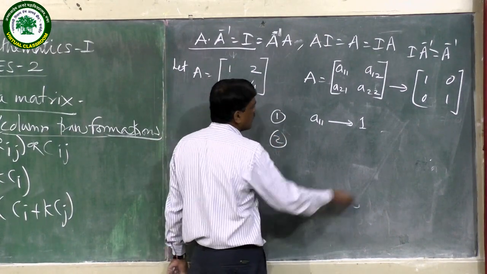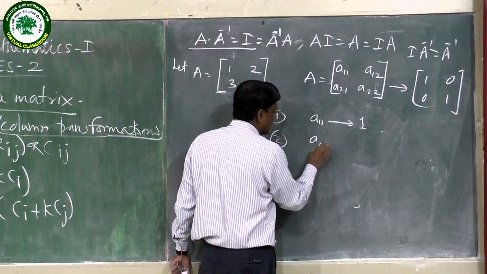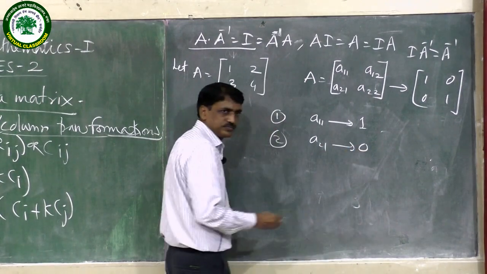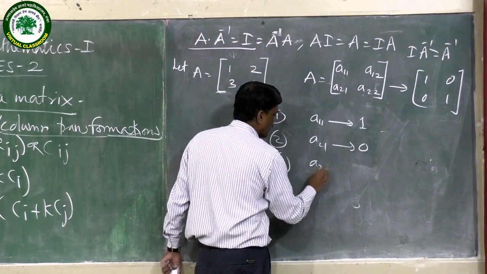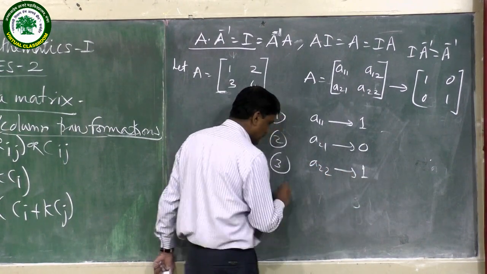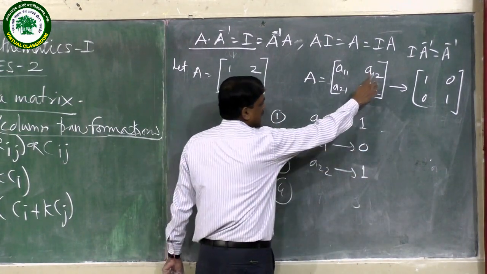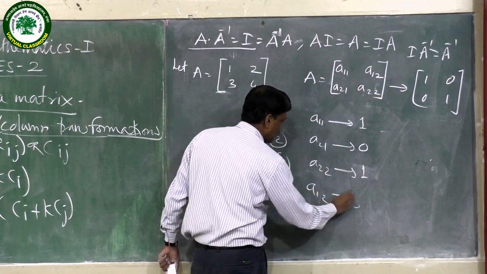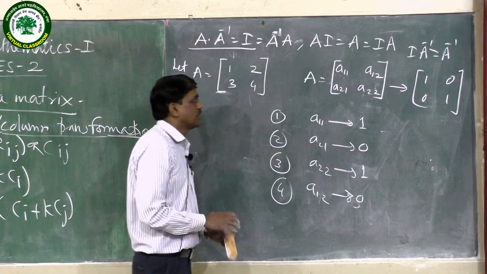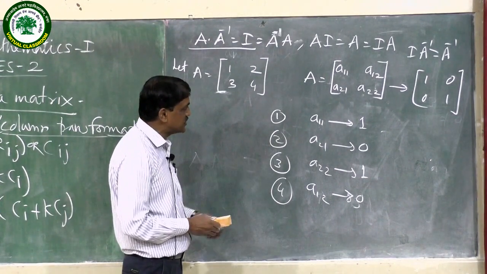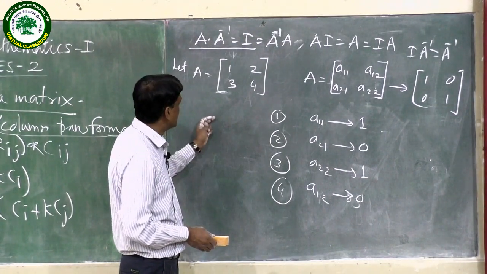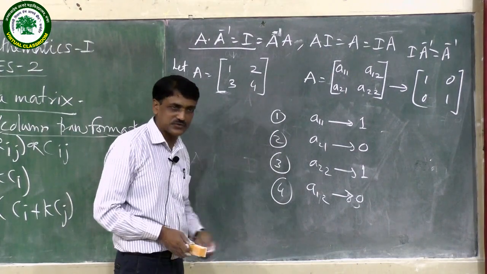Second, convert A21 to 0. Third step, convert A22 to 1. And the fourth step, convert A12 to 0. If we convert like this, it becomes easier to compute the inverse of matrix A in very few steps.